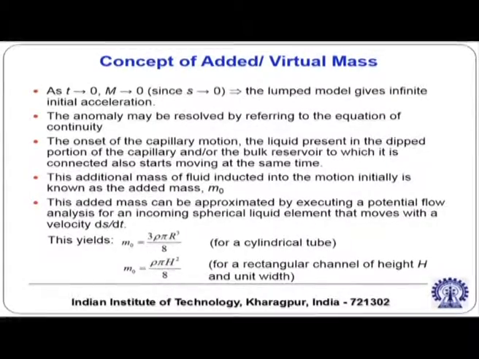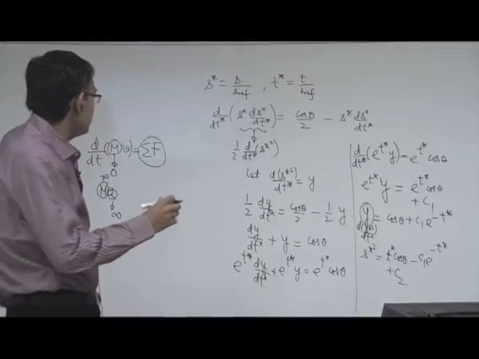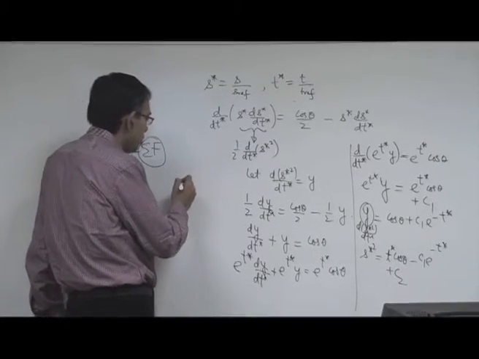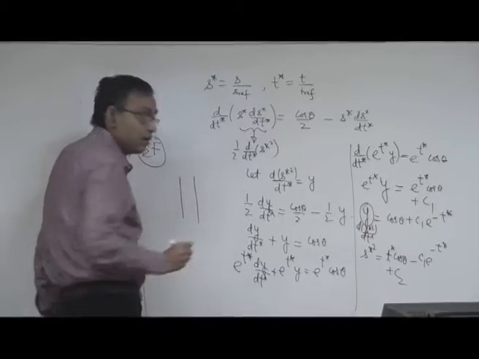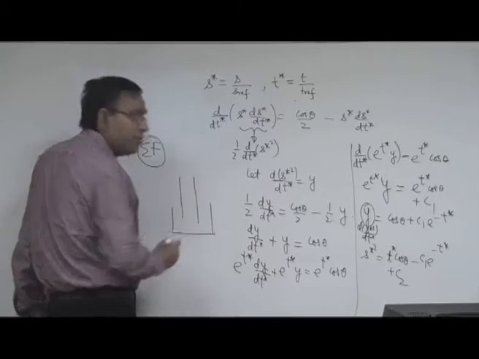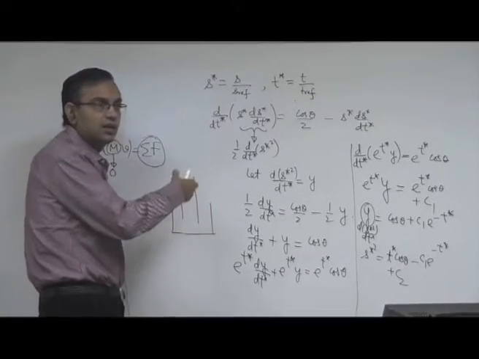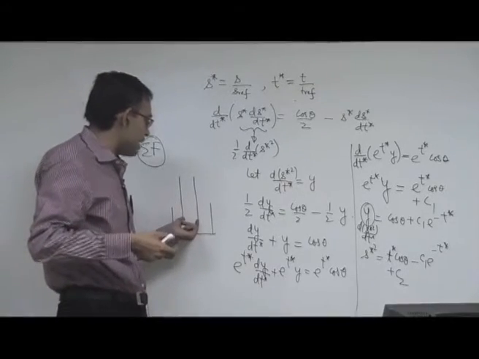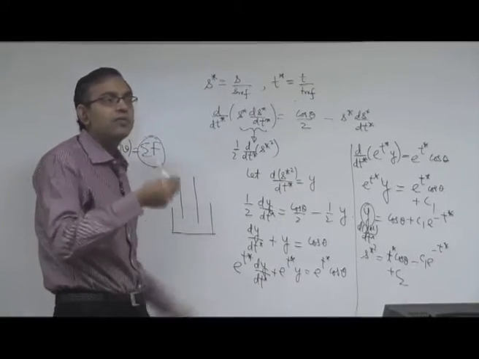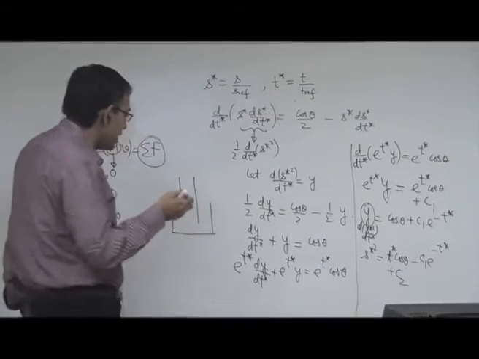Here we have considered, if you go to the board, this is the capillary, and this capillary may be dipped in some reservoir. This channel is always going to suck fluid from somewhere, so there must be a source of fluid in the reservoir.